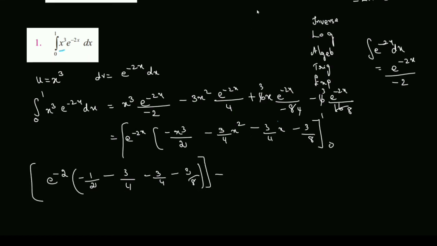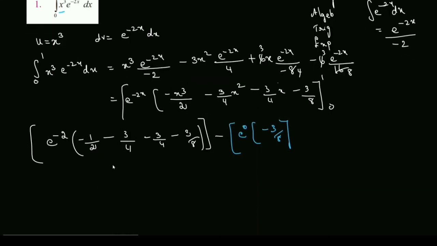Minus the lower limit. Put x is 0. So you get e power 0, and since x is 0, all these terms become 0. You get 1 times minus 3 by 8. There is no x there, so that remains minus 3 by 8. So that is e power minus 2 times, taking the LCM 8, minus 4 minus 6 minus 6 minus 3, which is minus 19 by 8.